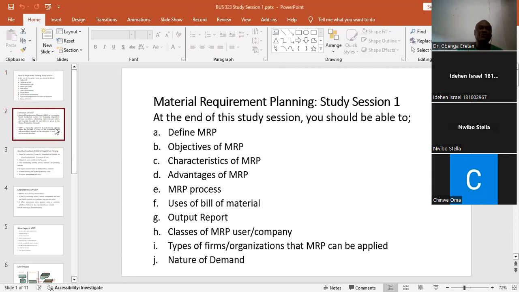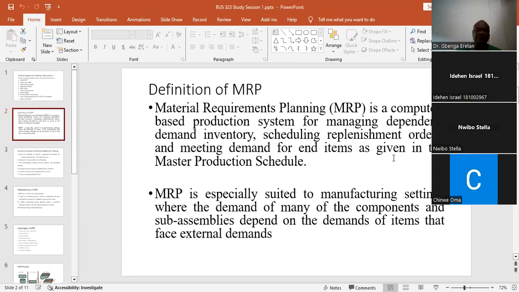Then we'll move on straight to what we refer to as material requirement planning. When you talk about material requirement planning, it's a computerized base production system for managing dependent demand inventory, scheduling replacement order, and meeting demand for end item as given in the master production schedule.